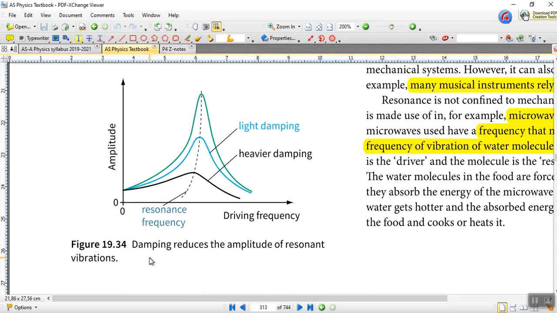If we look at the green line, that is what should have happened. If we lightly damp it, we drastically decrease the amplitude where the uncontrollable shaking happens. And if we apply heavy damping, the amplitude is basically not felt at all, so then it won't collapse at all.